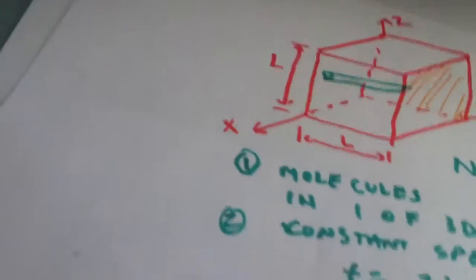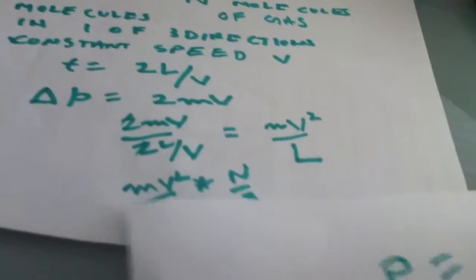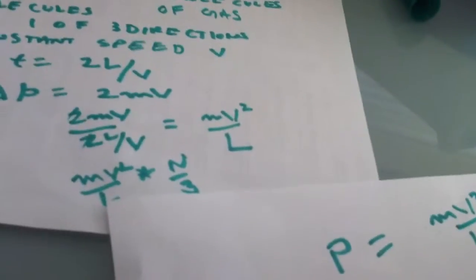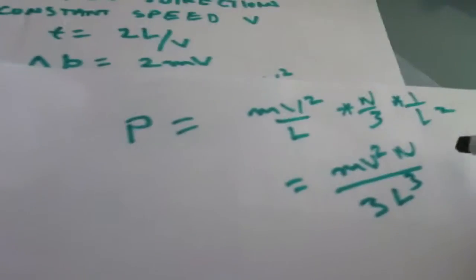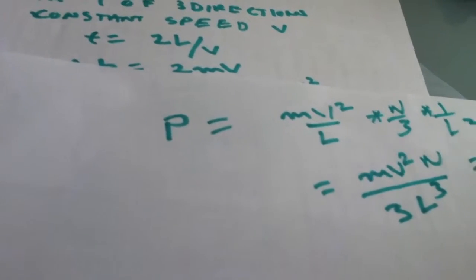And so we can therefore write down my pressure. My pressure is simply mv squared over L times n over 3 divided by L squared, or multiplied by 1 over L squared, which gives me mv squared n over 3L cubed, which is the same as mv squared n over 3 times the volume of the cube, since L cubed is the volume.